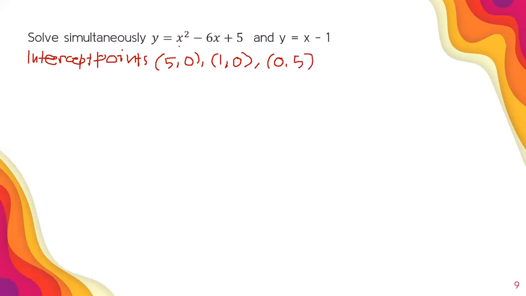Yeah, because if x is 0, y equals 5, and if y is 0, x is going to be 5 and 1.